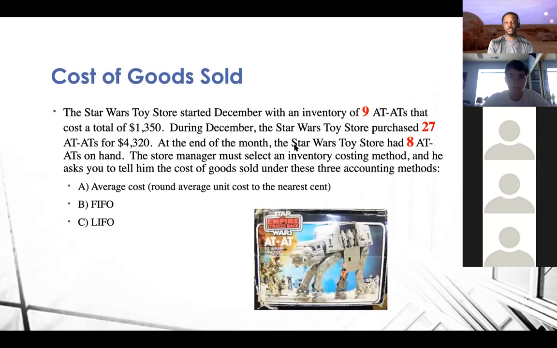At the end of the month, the Star Wars toy store had 8 AT-ATs on hand. The store manager needs to select an inventory costing method, and he's asking you to tell him the cost of goods sold under these 3 different accounting methods: average cost, FIFO, LIFO. So what would cost of goods sold be under each one of these scenarios?